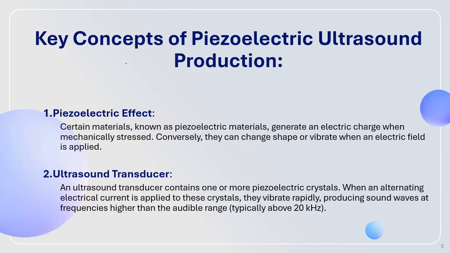Key concepts of the production of ultrasound, we use what is called the piezoelectric effect. In the next slide, we'll show you how exactly that works. So the piezoelectric effect. We have certain materials known as piezoelectric materials.